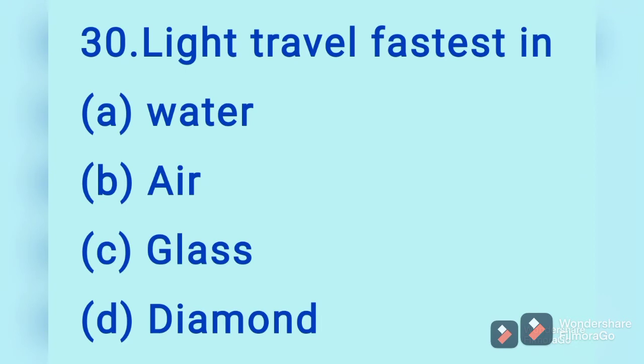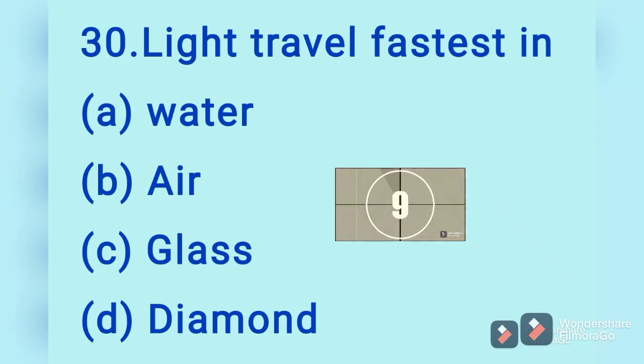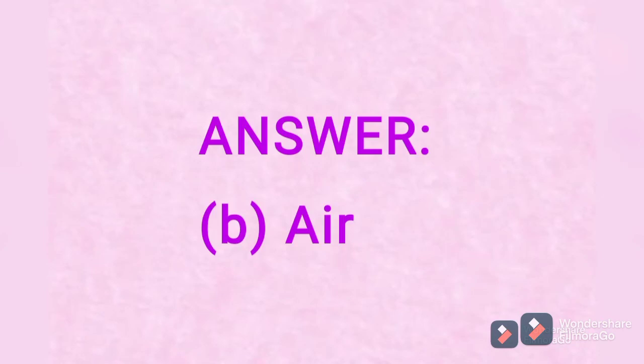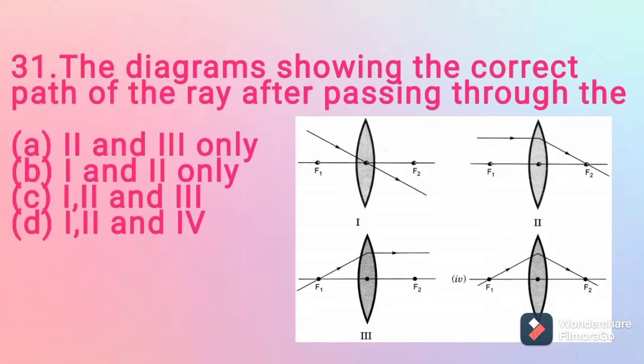30th question. Light travels fastest in option A, water, option B, air, option C, glass, option D, diamond. And the answer is option B, air. Question number 31.